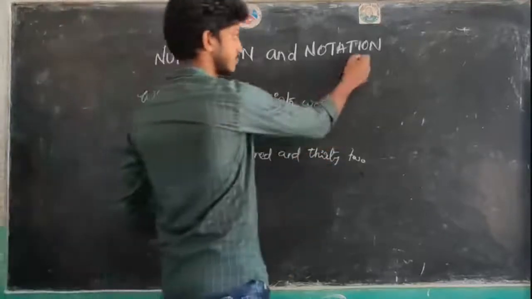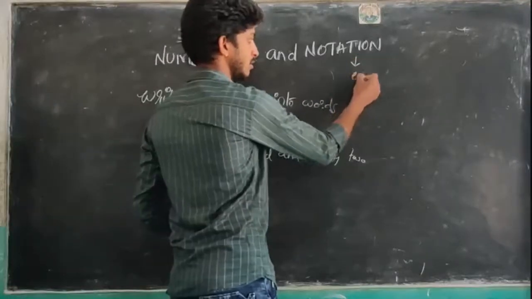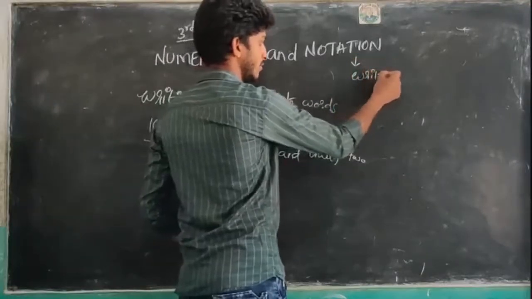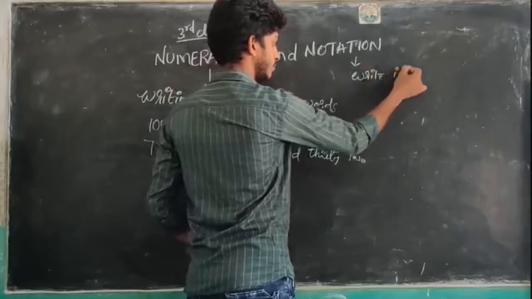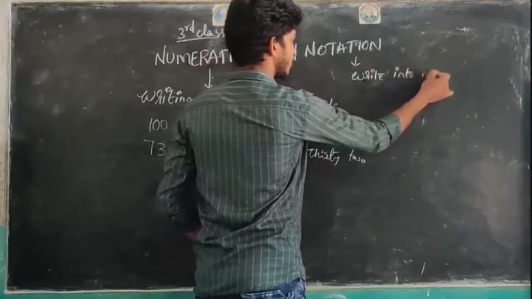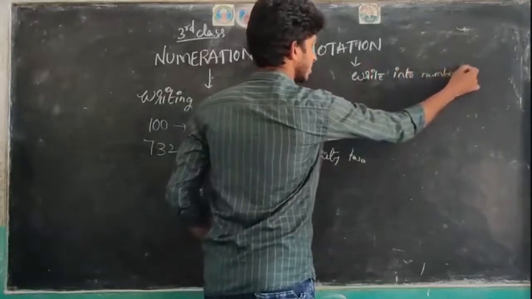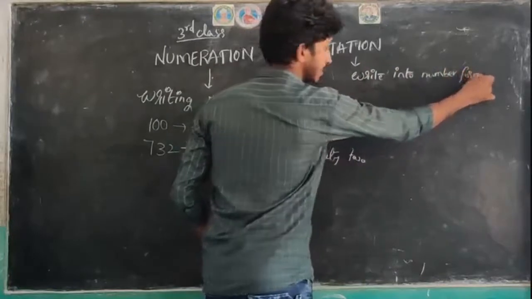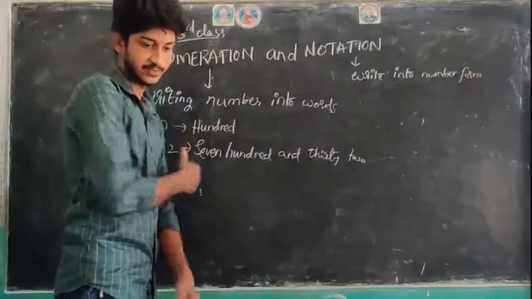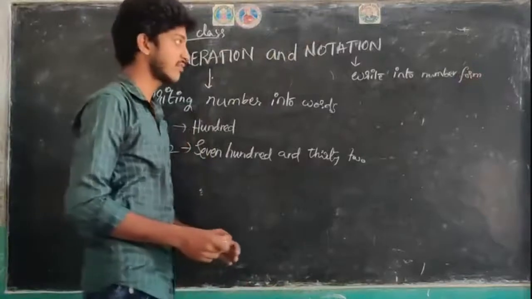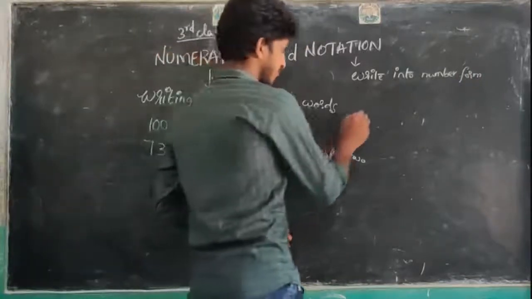Notation means write into number form. If a word form is given, we can write this number as a number form.